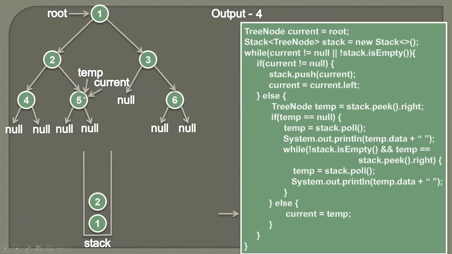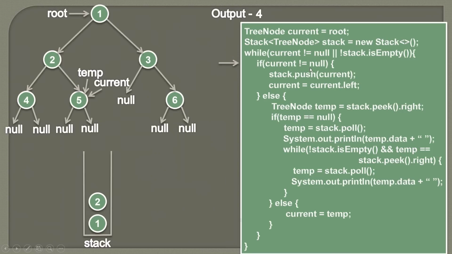Because this 5 can be treated like any other node which can have left and right children. As we started by pointing current to root, it is similar to that step, so we need to perform all those steps again on this node. So here current is not equal to null, and this condition comes out to be true.